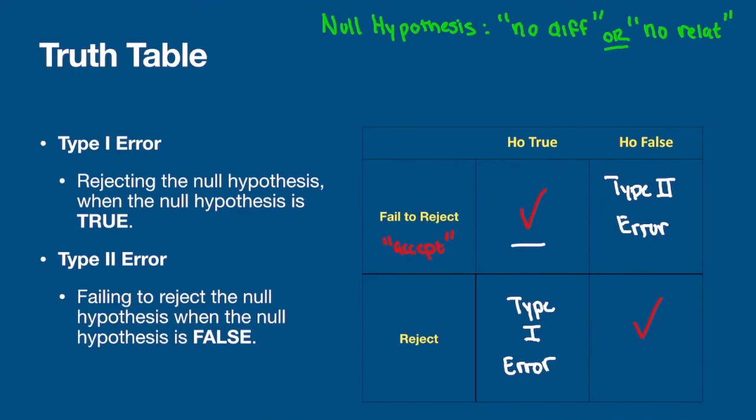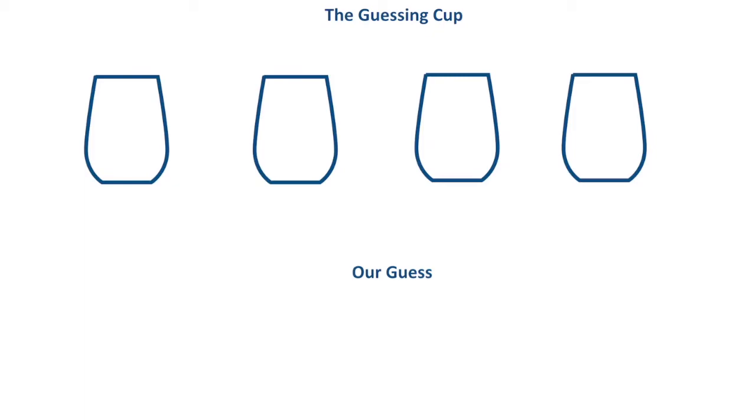Now, maybe let's unpack this just a little bit further so that we make sure that we have an understanding here. So let's look at this game, and we're going to call this the guessing cup. And so here's kind of the question that leads us in this game called the guessing cup.